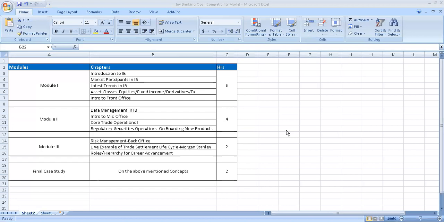Once we know all these, the third module will mainly be about the risk management side. Risk management itself is quite a big module. What we are going to cover is how risk management happens in terms of the back office. You would have observed that first we talk about the front office, then the mid office, and now it's the back office. When you pull all these three together in one particular sector, that's where your investment banking trade life cycle completes.